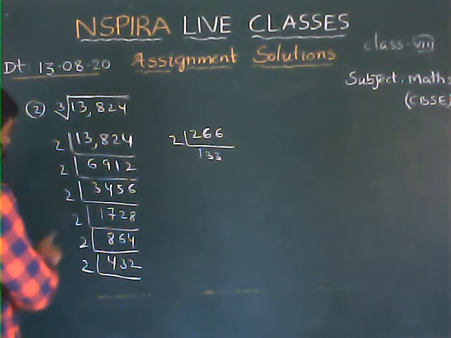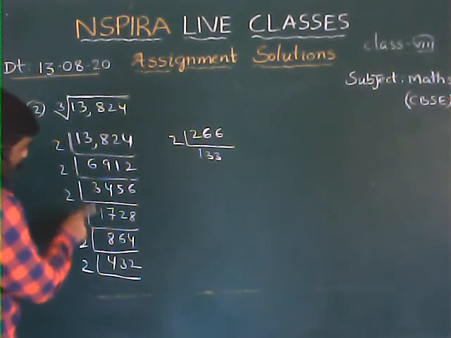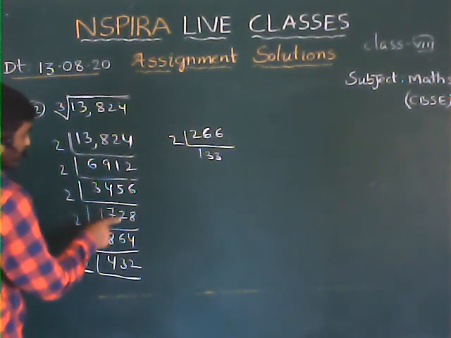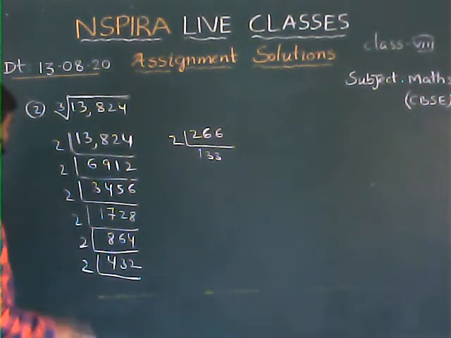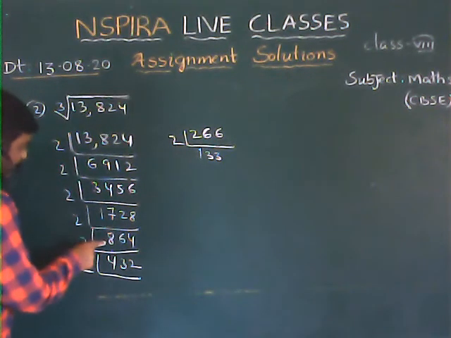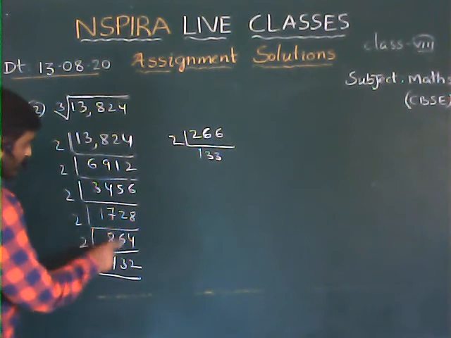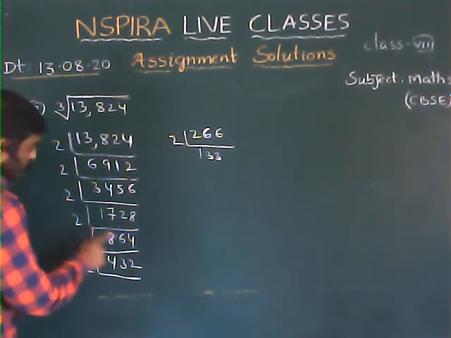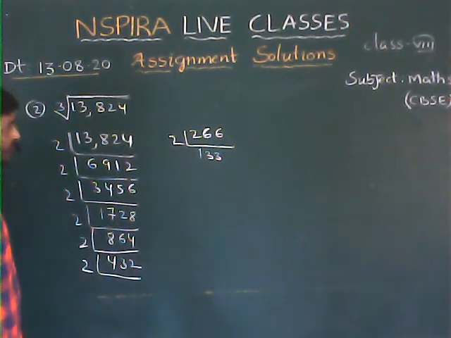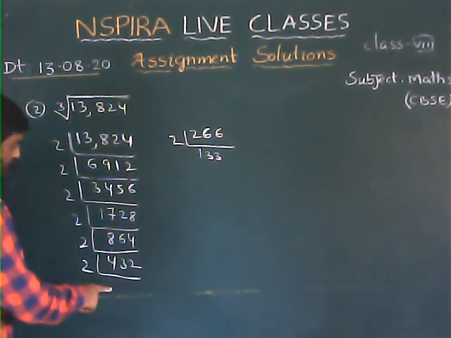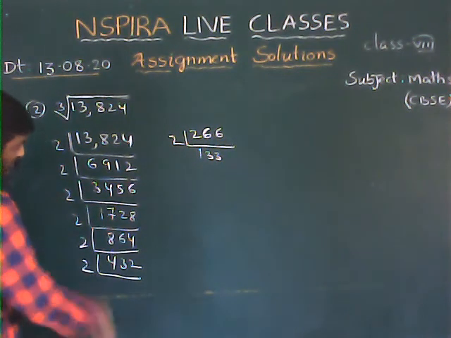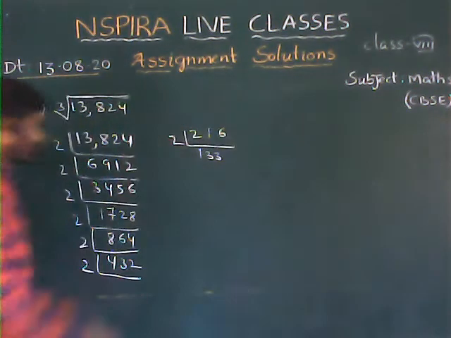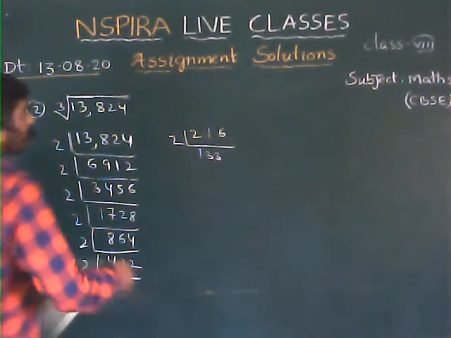Now with 2, 2 7s are 14, 2 2s are 4, 2 8s are 16, 2 6s are 12, 2 4s are 8, 2 3s are 6, 2 2s are 4. Again 2 2s are 4 and 2 16s, 2 1s are 2, 6, 432.